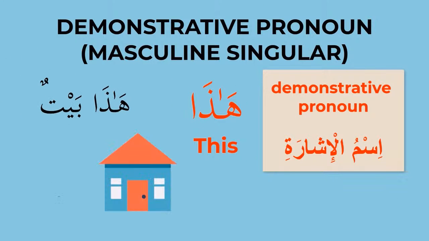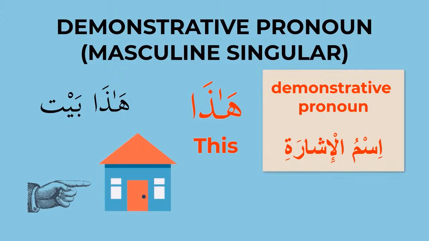What is the first? Hatha baytun. Now, normally, when you speak, you do not say baytun, you say Hatha bayt, just like in Quran, when you stop, you give a sukun.